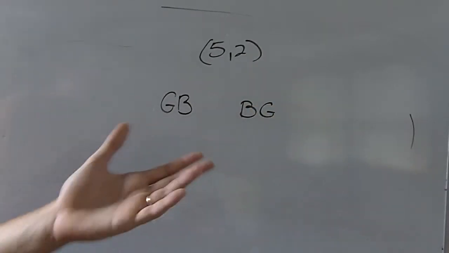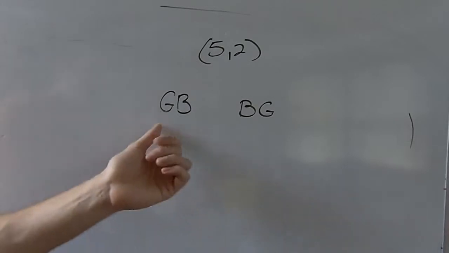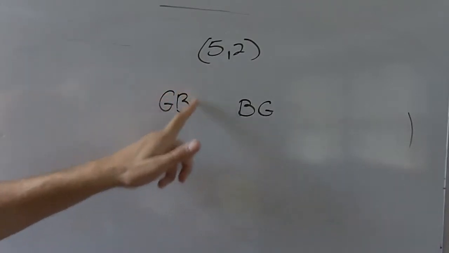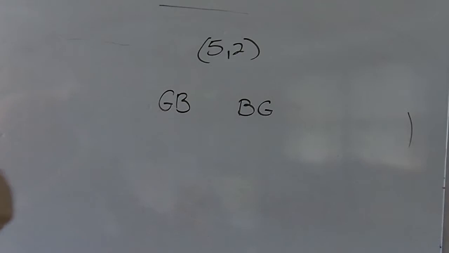In this case, order doesn't matter because regardless, your flag is going to be blue and green or green and blue. It's going to have the same colors on it. So order didn't really change the outcome of anything.